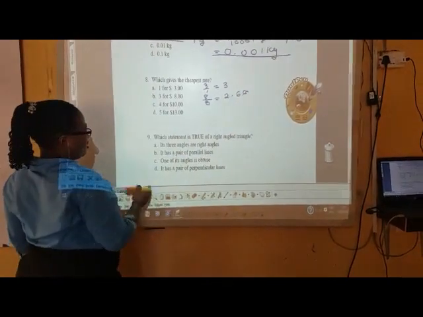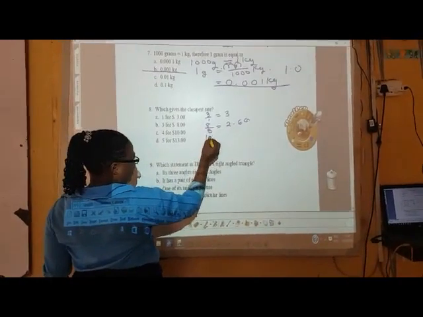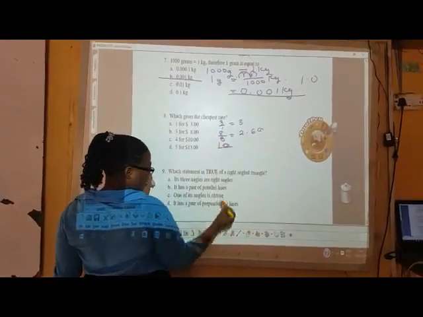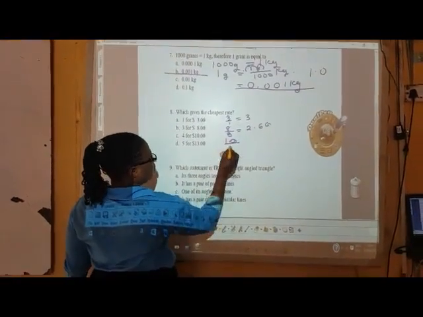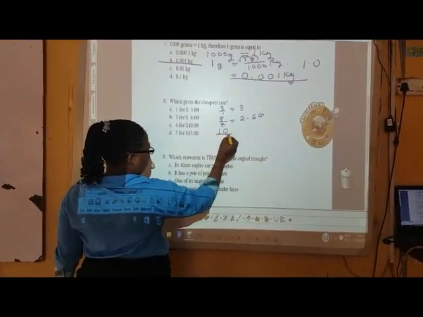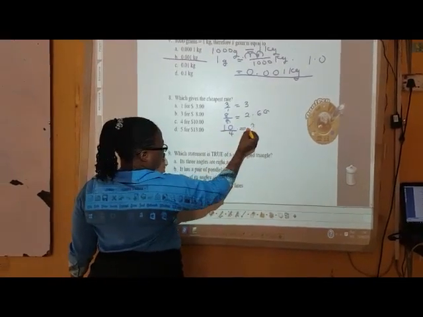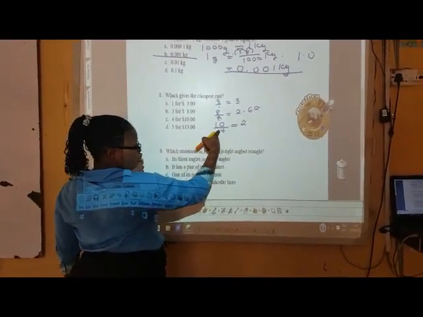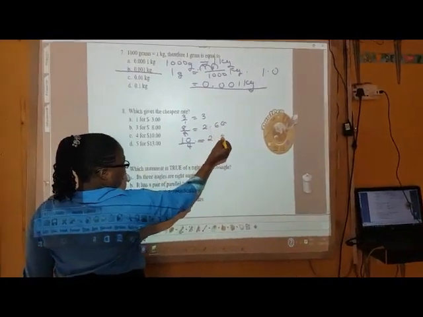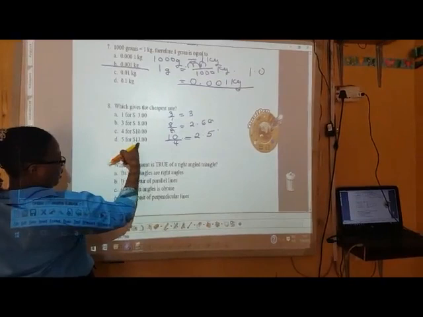Then C, 4 for $10. That means 10 divided by 4. 4 goes in 10, we have 2, remainder 2. In 20, put the point, that is 5. Then the last one, 5 for $13.